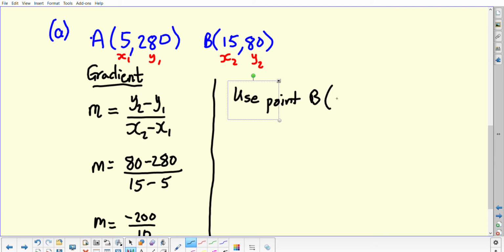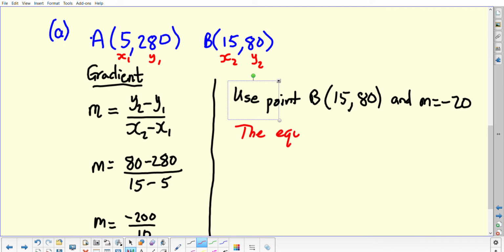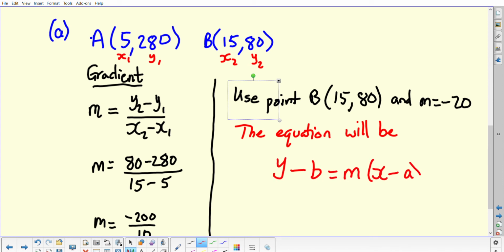So point B, and the gradient value that we've just worked out, which was negative 20. Now, because this point here is not the y-intercept, I will be using the equation of my line y minus b equals m(x minus a).